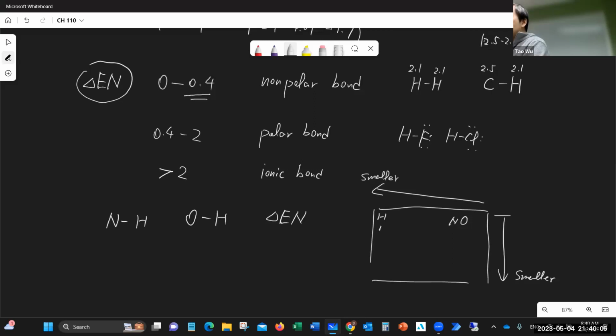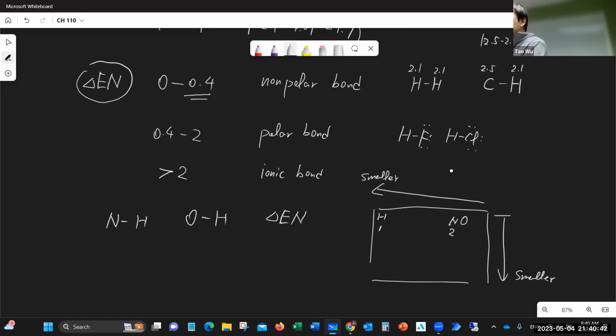If hydrogen is 1, is nitrogen bigger than 1 or smaller than 1? It should be bigger, right? Because of the trends, look at it here. On the left side is getting smaller, right?